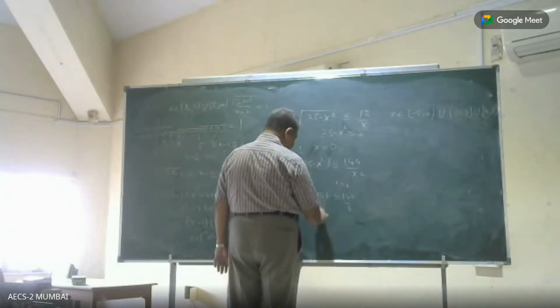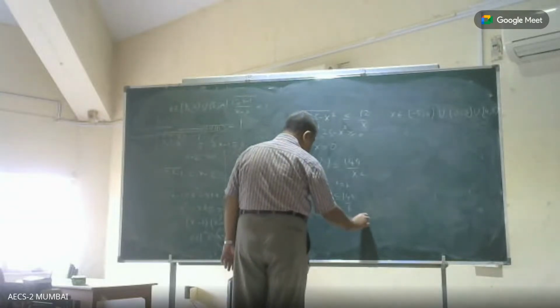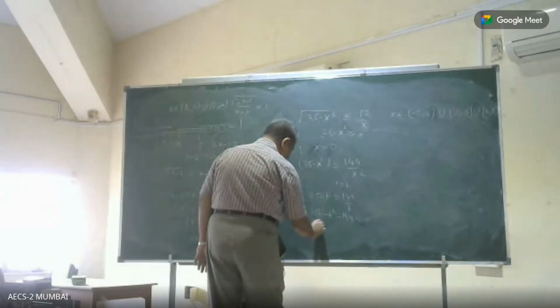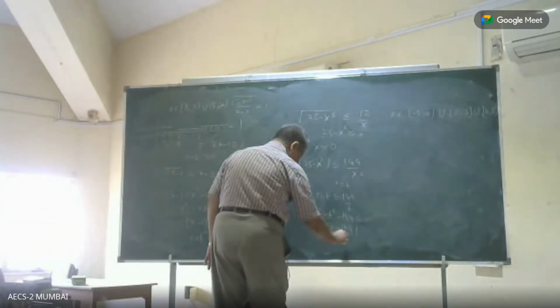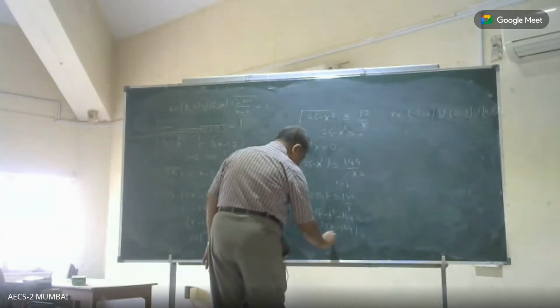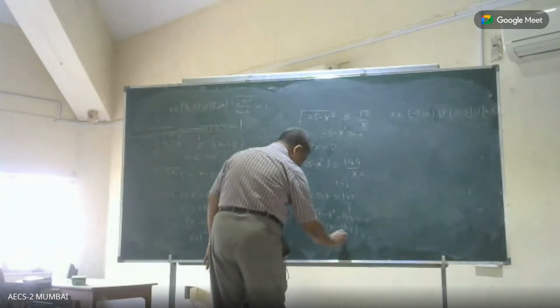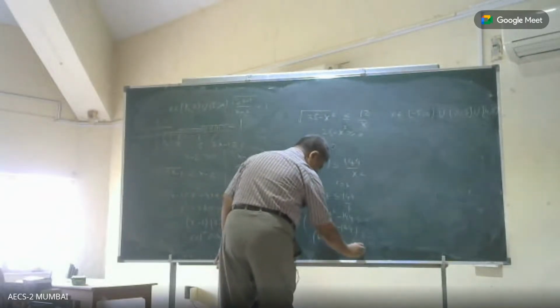So this is 25t minus t square minus 144. Correct? So this is t square minus 25t plus 144. What are the factors? t minus 16 and t minus 9. Very good.